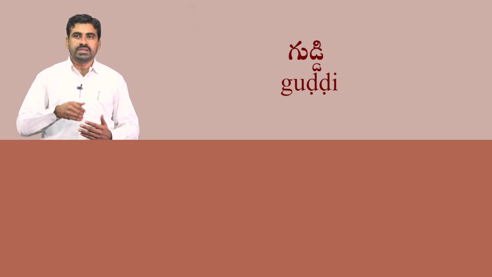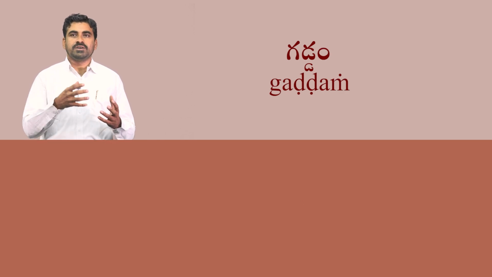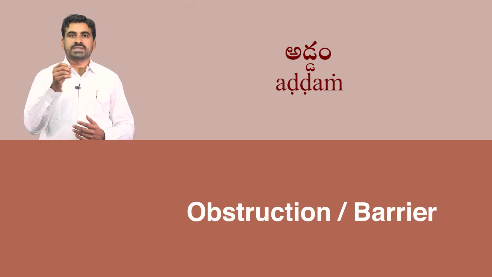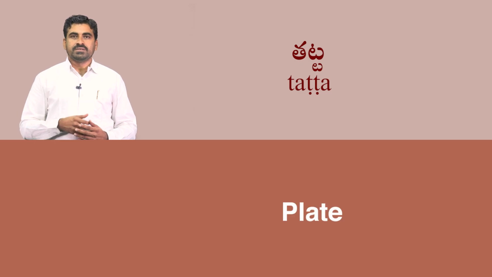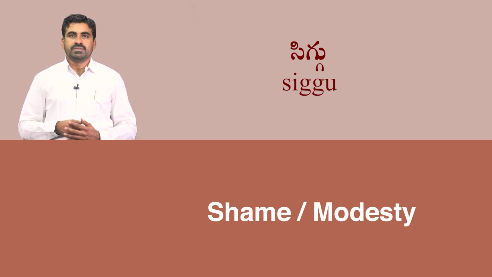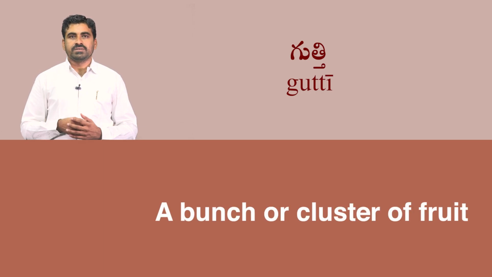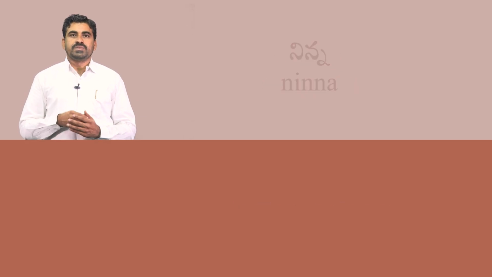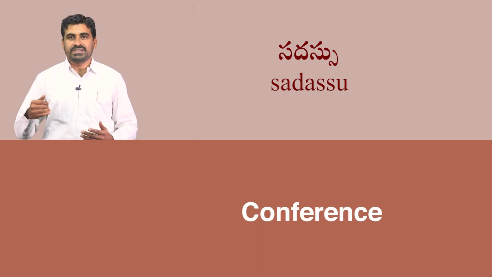Examples include gadda, lump; guddi, blind; guddu, egg; gudda, cloth; gaddam, beard; addam, obstruction or barrier; addam, mirror; tatta, plate; siggu, shame or modesty; aggi, fire; gutti, a bunch or cluster of fruit; guggilam, Indian balsam; ninna, yesterday; nalli, a bedbug; illu, house; sannam, slim or thin; sadassu, conference.